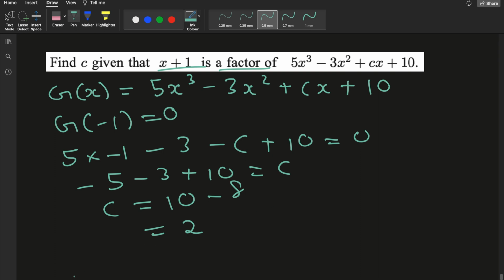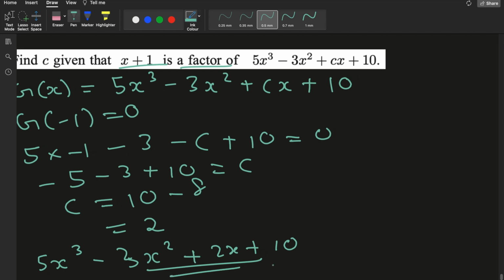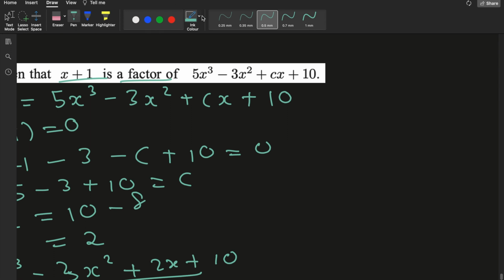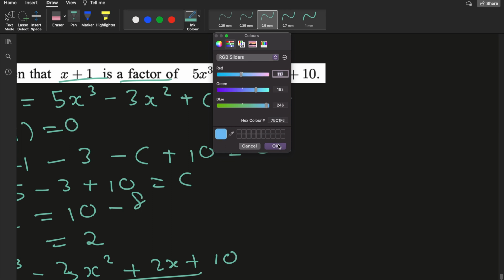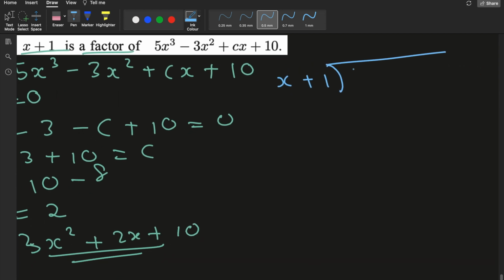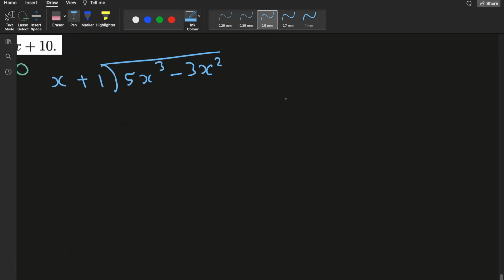Now let's plug this back into the equation. This is our polynomial, and let's actually do the long division to make sure that we got the right answer. The divisor here, the polynomial inside, okay, and now let's do the long division.